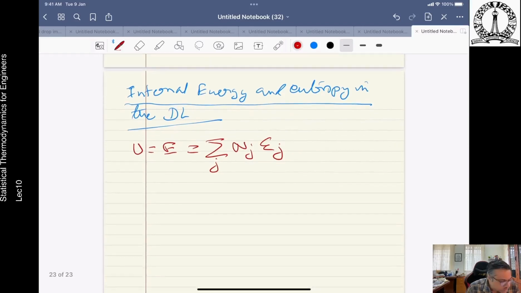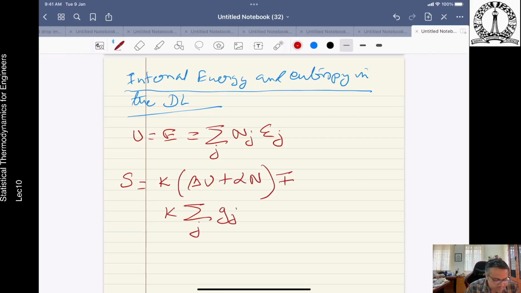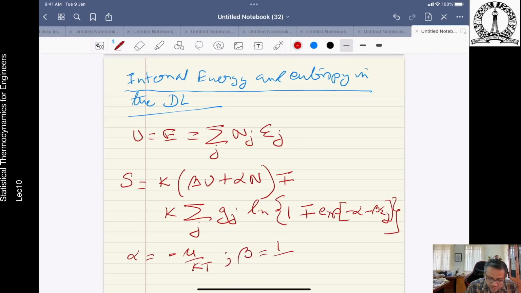S will be equal to k times beta U plus alpha N, plus k times the summation over j of Gj ln of 1 plus exponential minus alpha minus beta Ej, where alpha, as we know, is minus mu by kT, whereas beta is equal to 1 over kT.